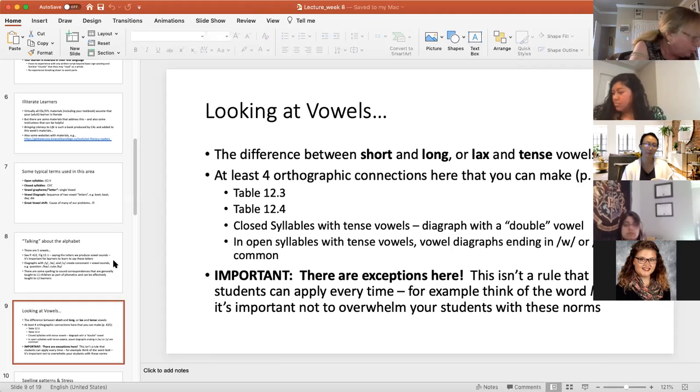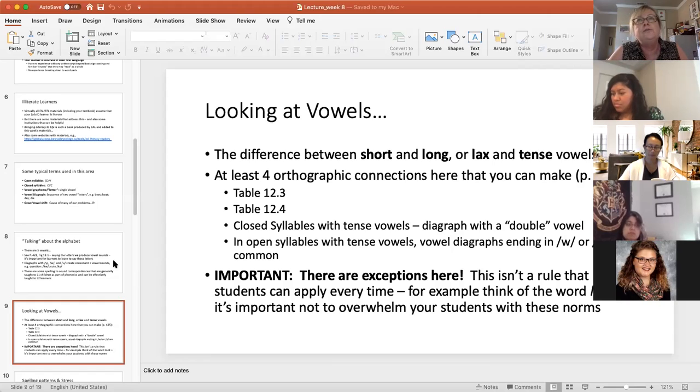So table 12.4. In this one, you've got that doubling of medial vowels, and actually we'll do that again when you've got lax vowels, but not with tense vowels. So when you've got short vowels versus long vowels.